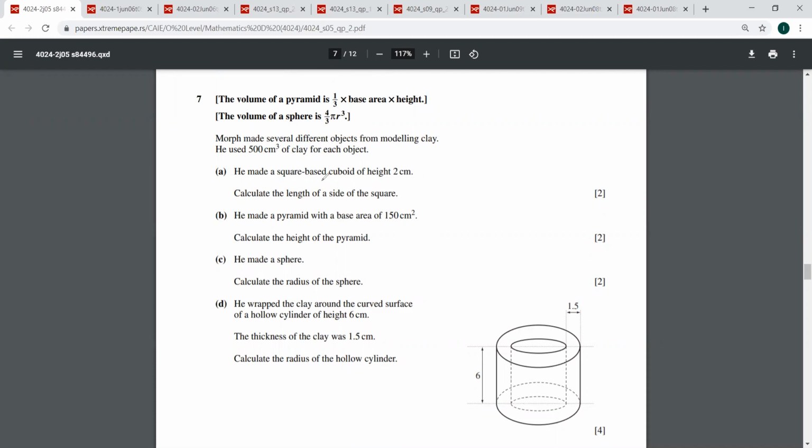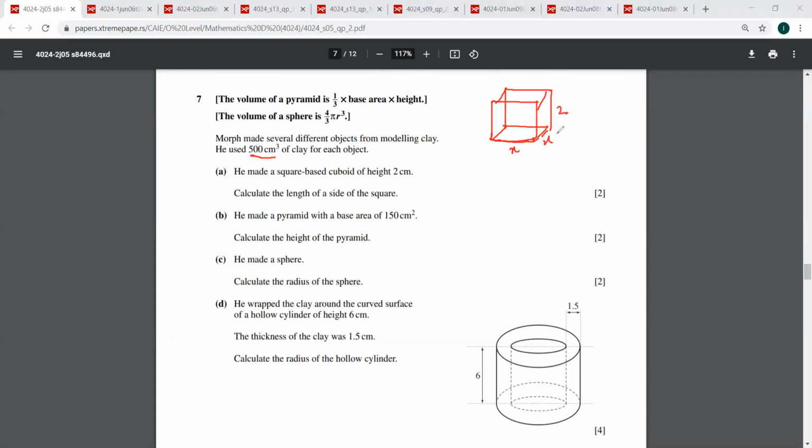He made a square based cuboid of height 2 centimeter. Calculate the length of a side of the square. So we now know that this should be the total volume of that square based cuboid. So if this is the cuboid, then this should be x over here and this should be x as well.